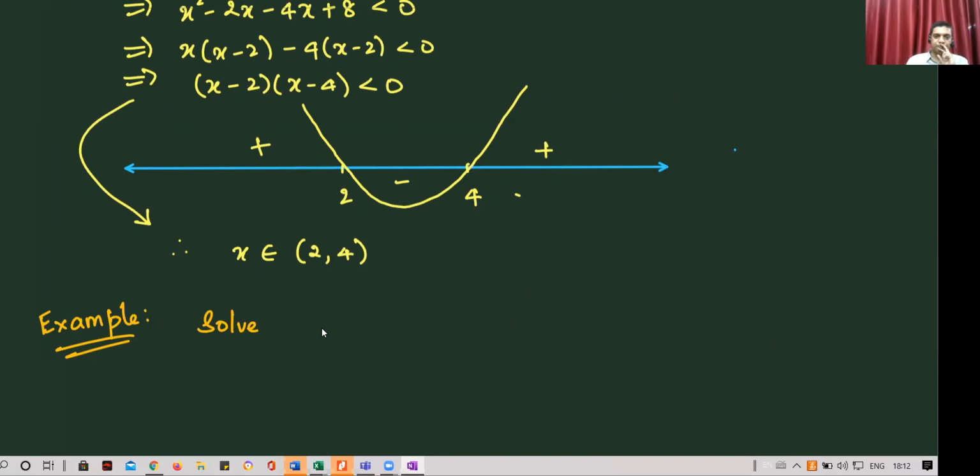I will do 21 plus 10x minus x square. It will be minus or plus, I have to see. Okay. Minus, it will not be 10 4.